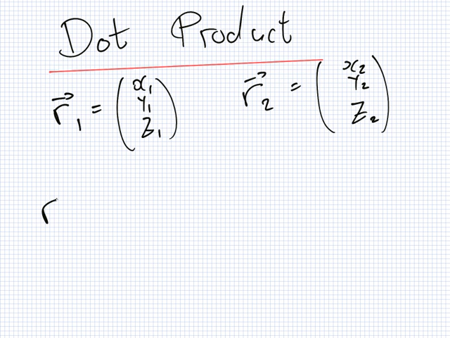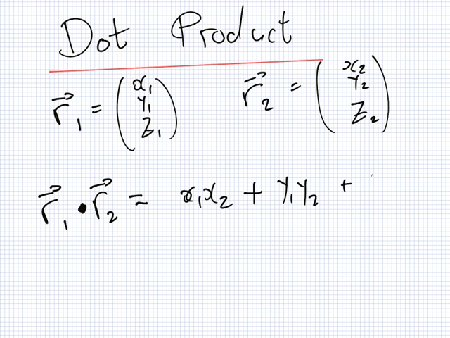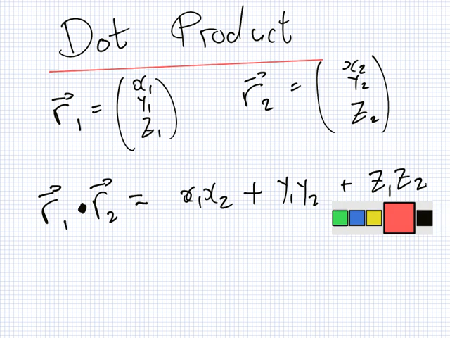I want to multiply the vectors together, and I use this symbol, dot. Now the way it works is like this. You multiply the i's, plus you multiply the j's, plus you multiply the k's, like that. But you notice something interesting has happened here.